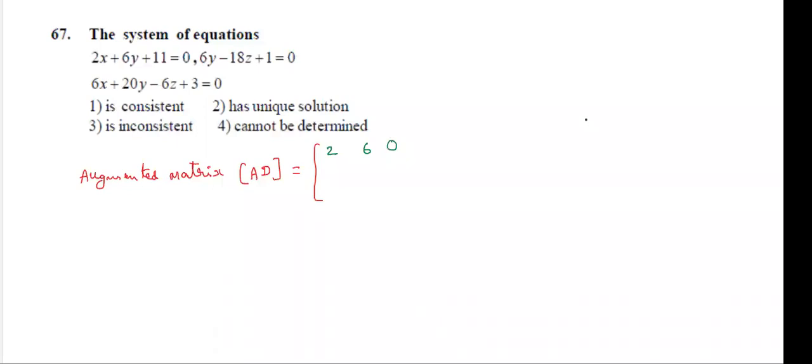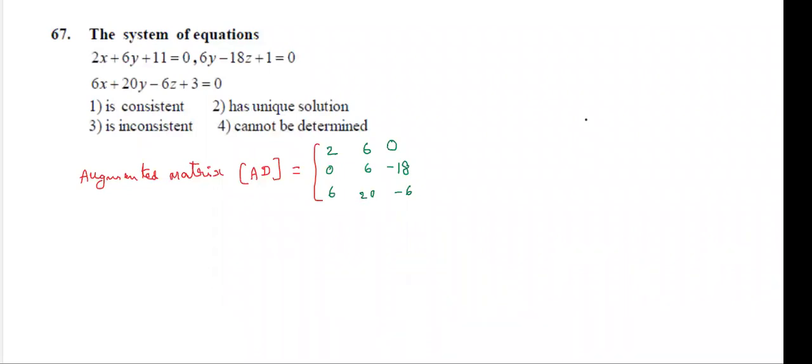Observe the second equation: X coefficient is 0, Y coefficient is 6, Z coefficient is minus 18. Observe the third equation: 6, 20, minus 6. These are the coefficient matrix.